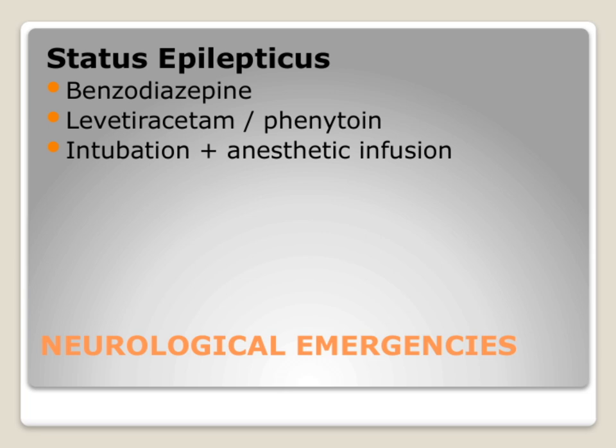In cases where seizures continue despite these measures, intubation and anesthetic infusion may be necessary to control the seizures and protect the patient's brain. These steps underscore how critical it is to act quickly and systematically in neurological emergencies like status epilepticus to prevent long-term damage and improve outcomes.